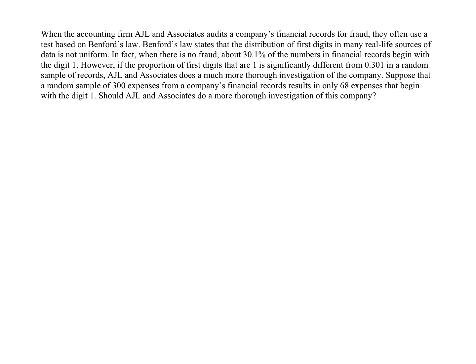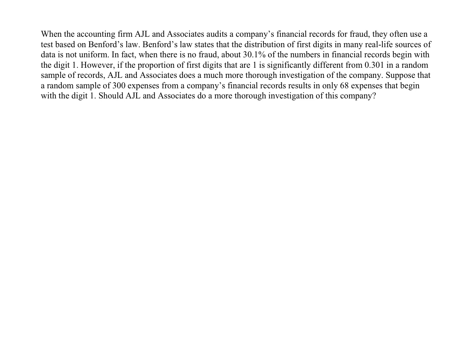However, if the proportion of first digits that are 1 is significantly different from 0.301 in a random sample of records, AJL and Associates does a much more thorough investigation of the company. Suppose that a random sample of 300 expenses from a company's financial records results in only 68 expenses that begin with the digit 1. Should AJL and Associates do a more thorough investigation of this company?